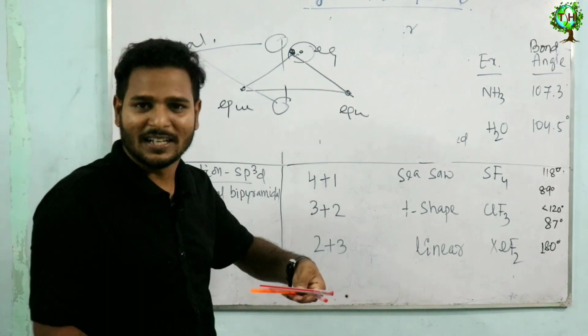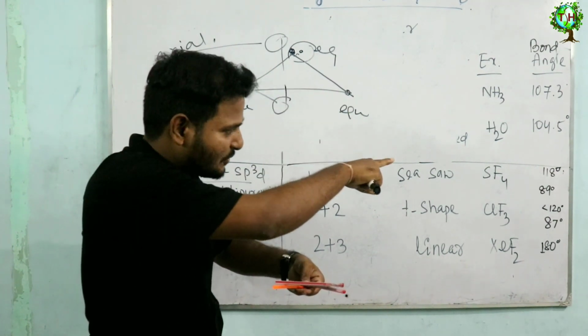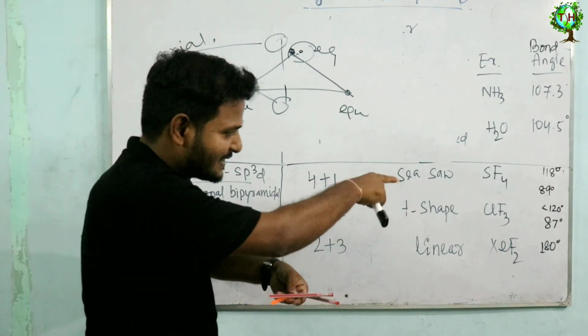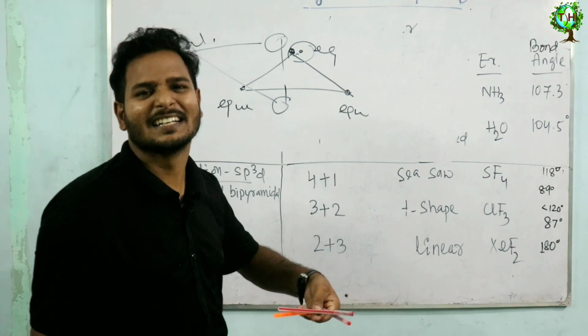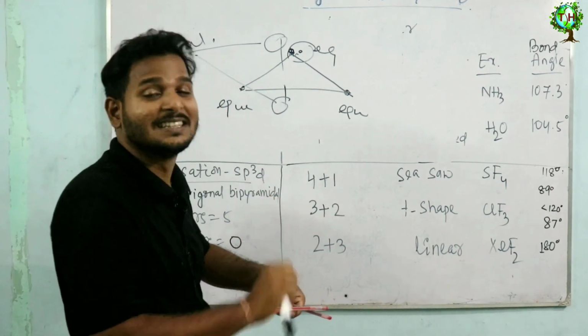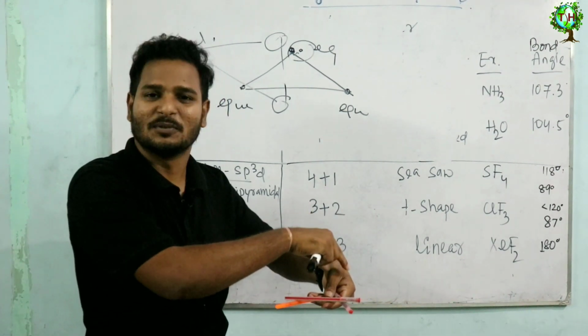We calculate the bond angles. So the equatorial angle ideal is 120, here 118 and 89. When I place two lone pairs in ClF3, they should be at the equatorial position. The angle again decreases from the ideal angle. And now focus on that. When I place three lone pairs in XeF2, they should be at the equatorial position.